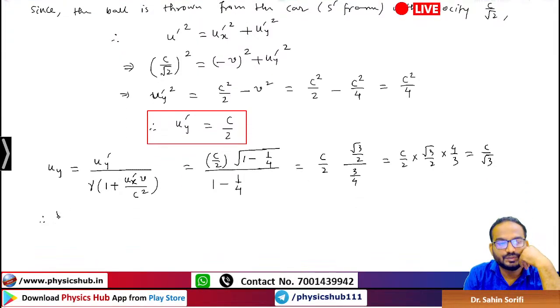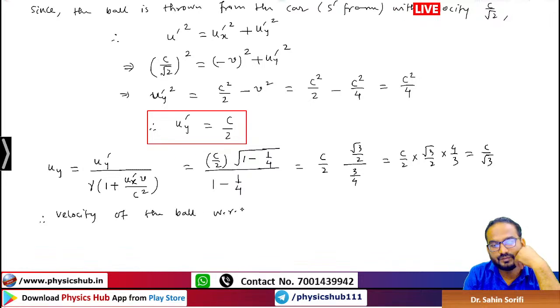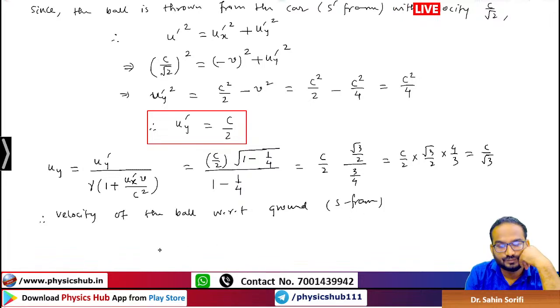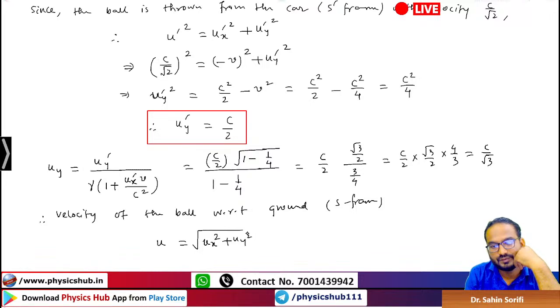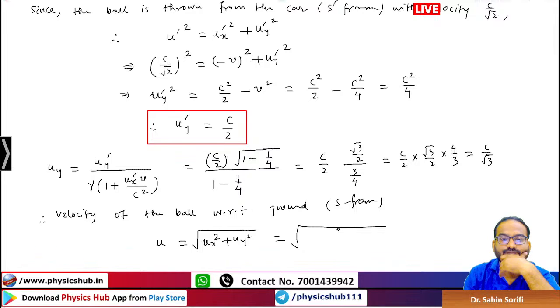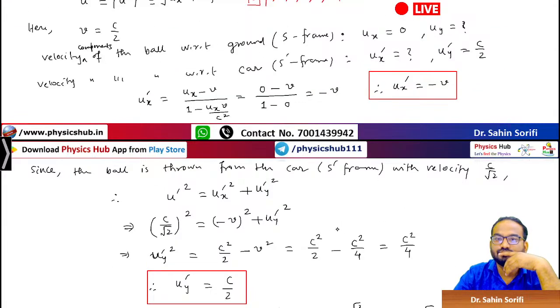So we are now in a position to calculate the velocity of the ball with respect to the ground, S frame. Ux square plus Uy square. Ux we have got how much? 0.